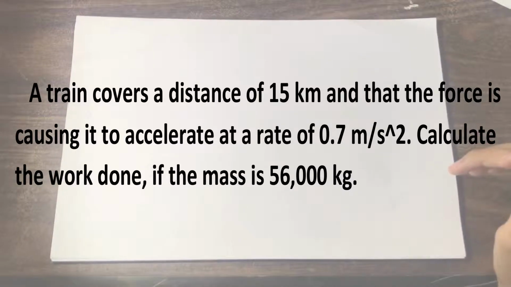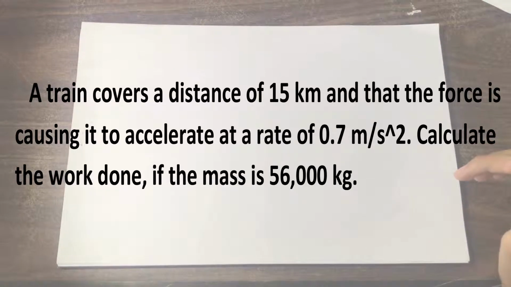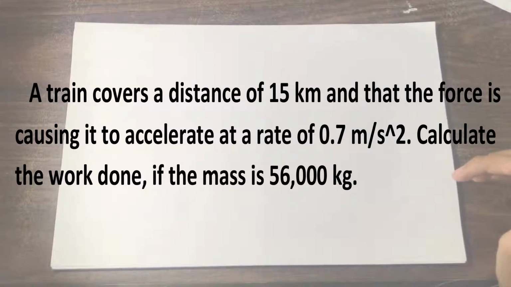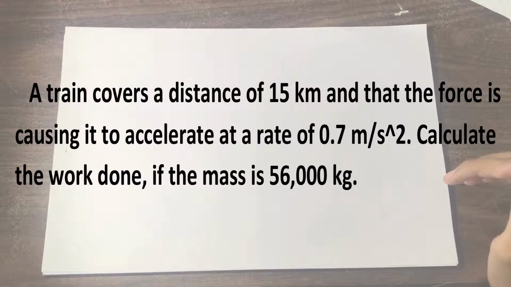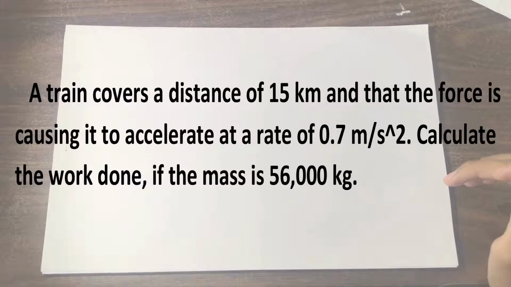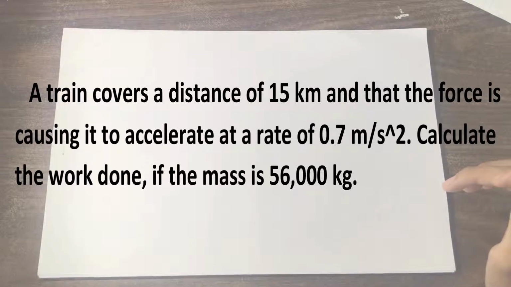A train covers a distance of 15 kilometers, and the force is causing it to accelerate at a rate of 0.7 meters per second squared. Calculate the work done if the mass is 56,000 kilograms.